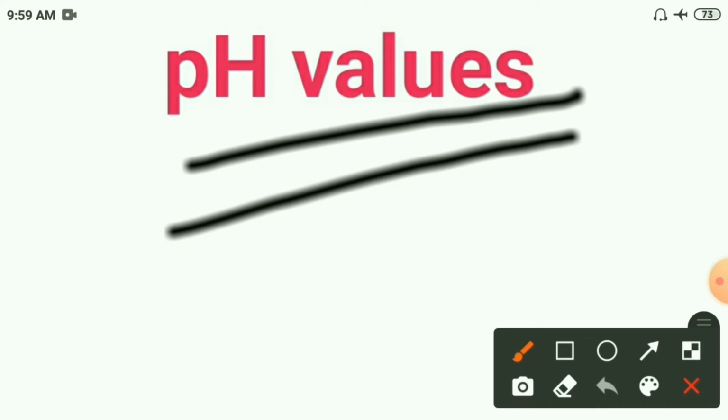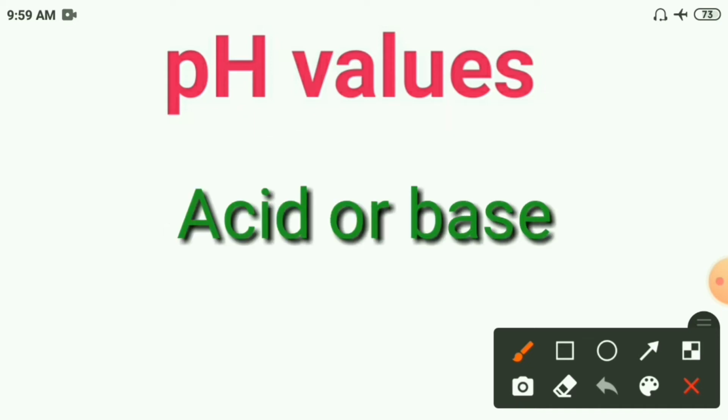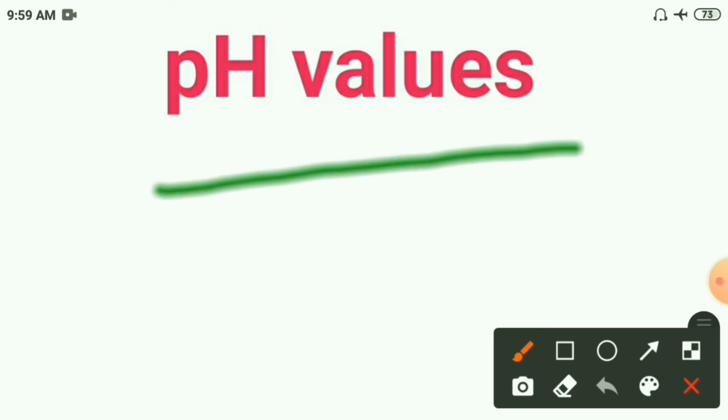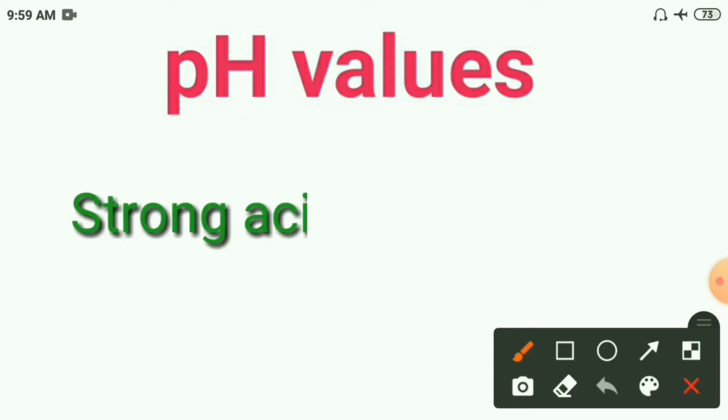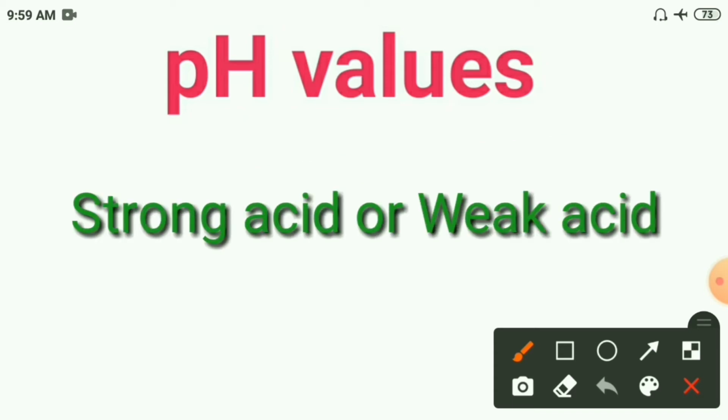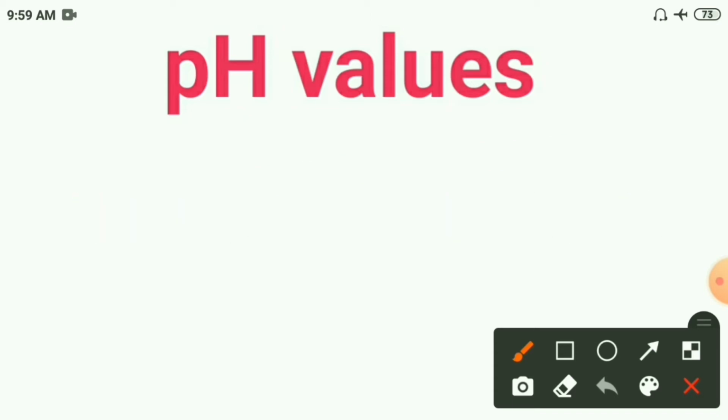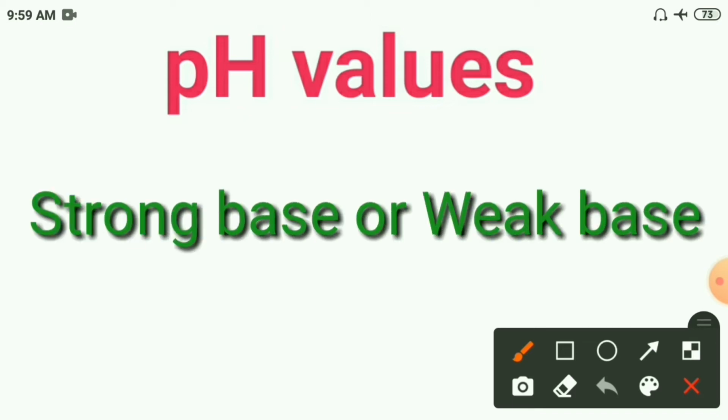With these pH values, we can know whether the solution is acid or base. We can also know whether an acid is a strong acid or a weak acid, and likewise whether a base is a strong base or a weak base.